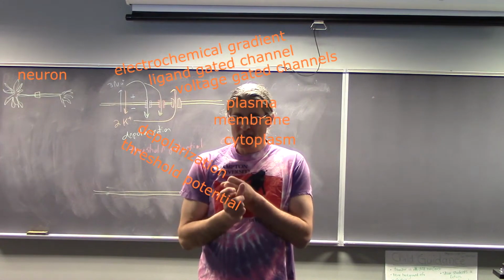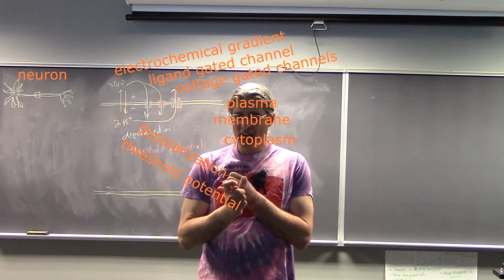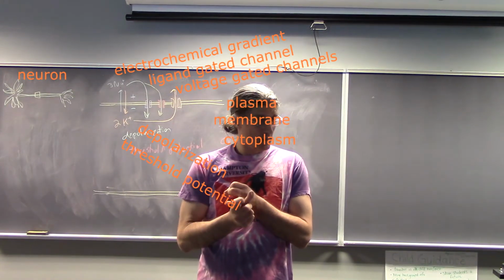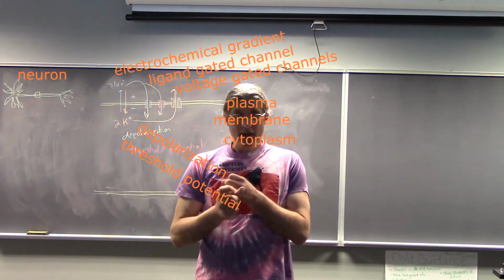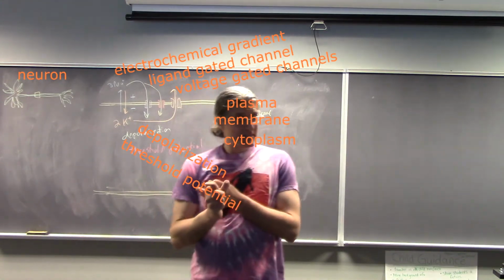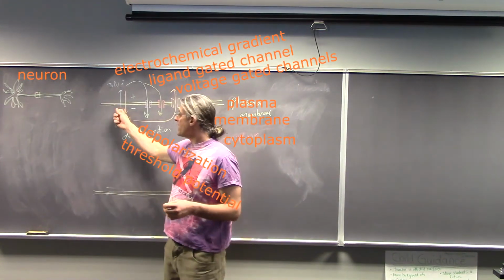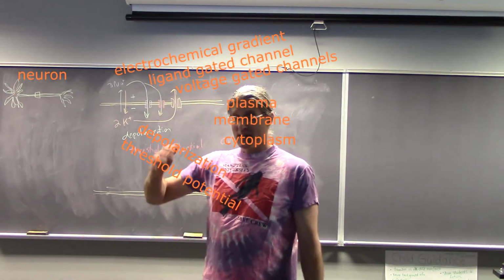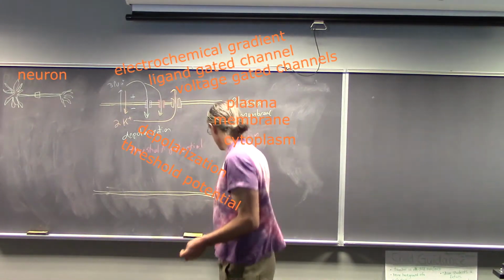Enough sodium comes in and that stimulates the voltage-gated channels that allow the potassium to leave to open up. And then you've got, following behind this, the sodium-potassium pump, which restores the original state. And that's actually called the resting potential.